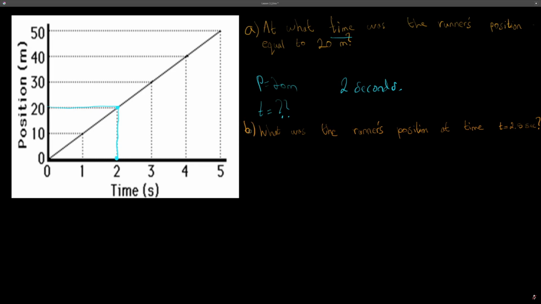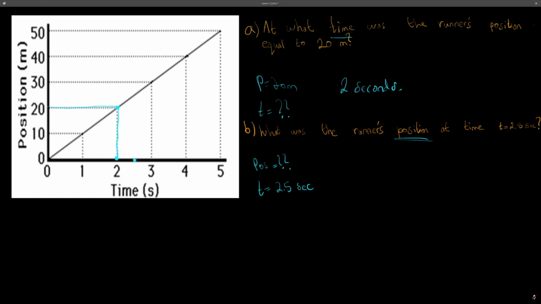Question B asks us what was the runner's position at the time that's equal to 2.5 seconds. So now position is unknown, and the time is 2.5 seconds. We can do the exact same thing. We look at 2.5 seconds, so it's around the center of 2 and 3.